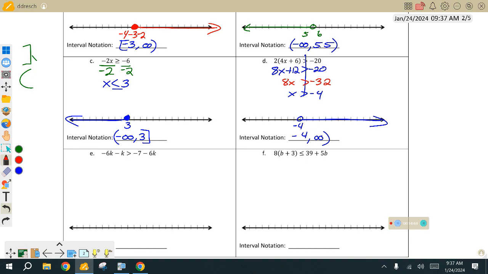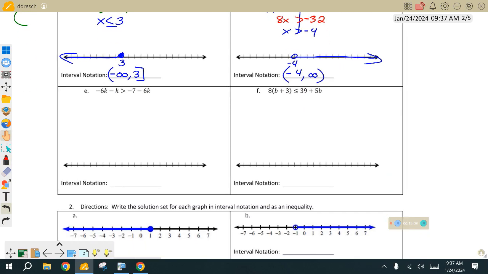You should know at the very beginning, because there's no equal to there, it's just a greater than symbol, that we would not use a bracket anyway. So parentheses at -4. There we go. That's about as crazy as that part's getting.